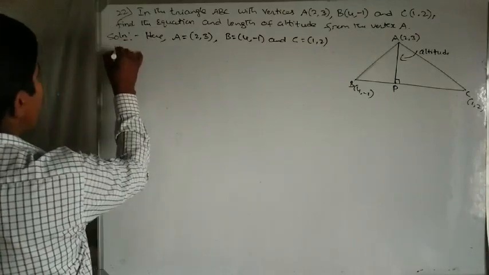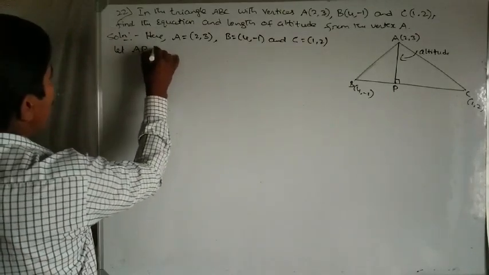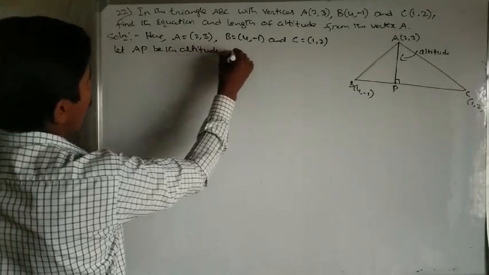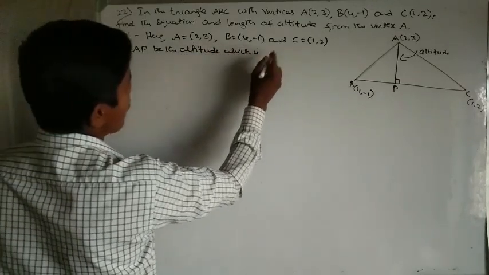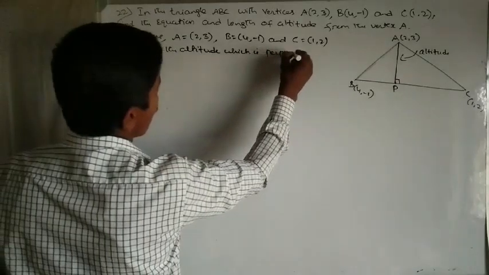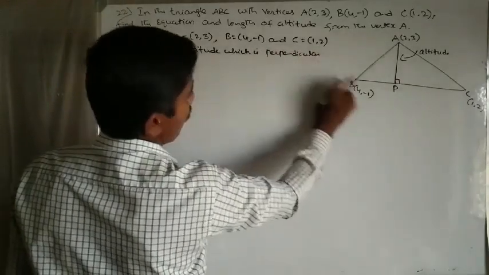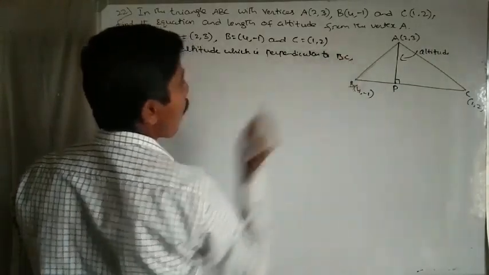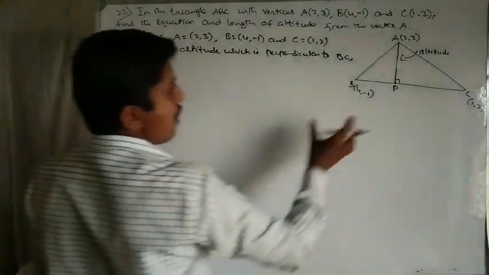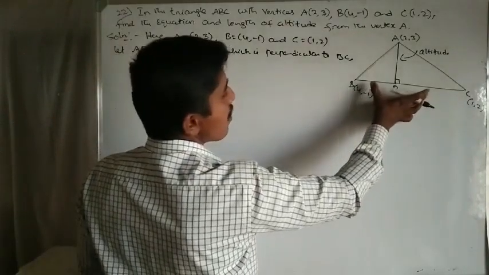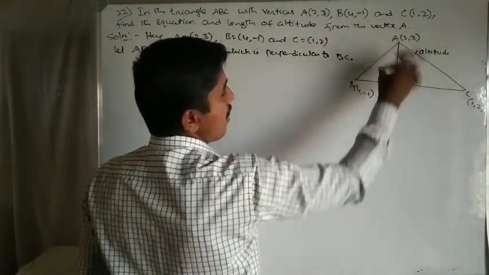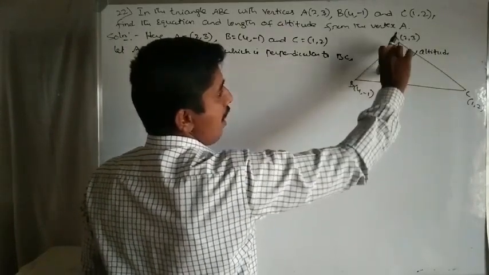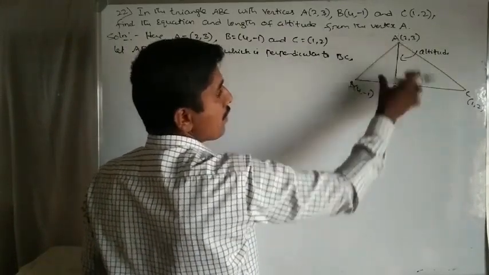Here let AP be the altitude, which is perpendicular to BC. Clearly the BC line is perpendicular to the AP line. First find the slope of BC and then find the slope of AP.